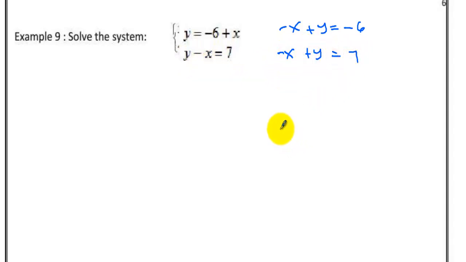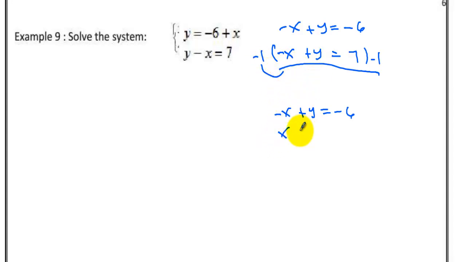Let's get rid of the variable x. If I'm going to make one of the x's to be positive, then once we add, the x will be eliminated. So I'm going to multiply this by a negative 1. So I'll just copy my first equation, negative x plus y equals negative 6. For my second equation, I will have negative 1 times negative x, that's positive x.